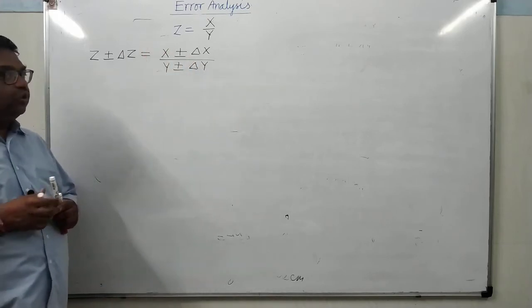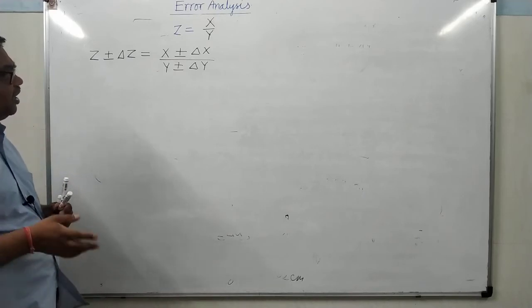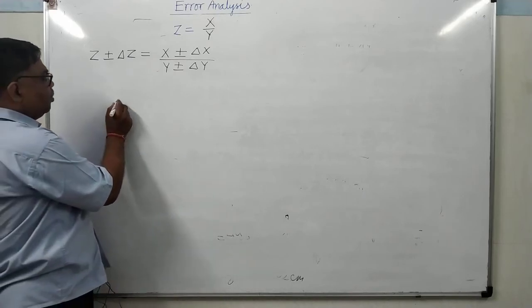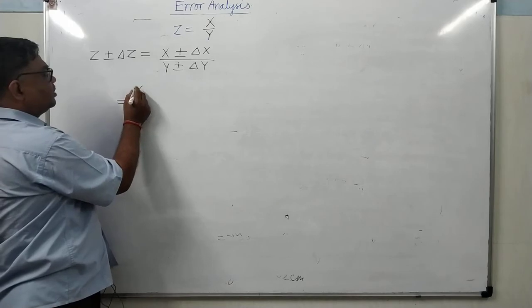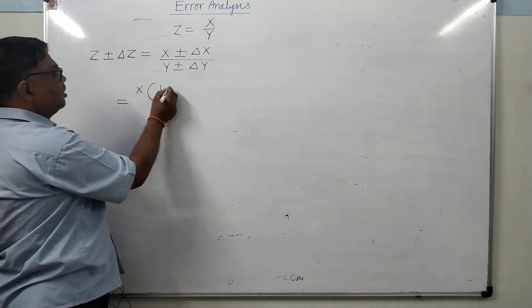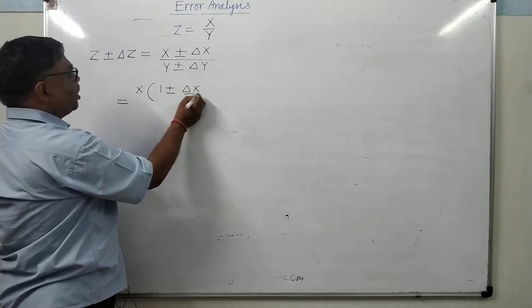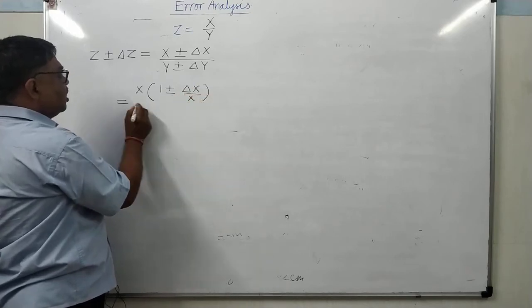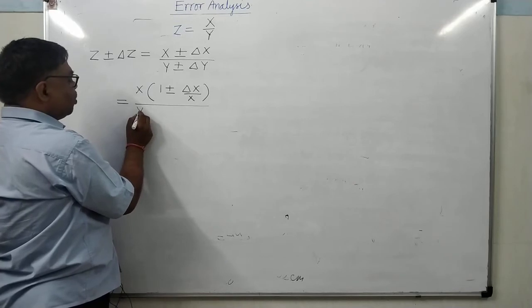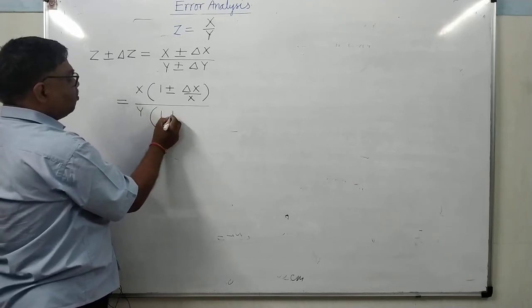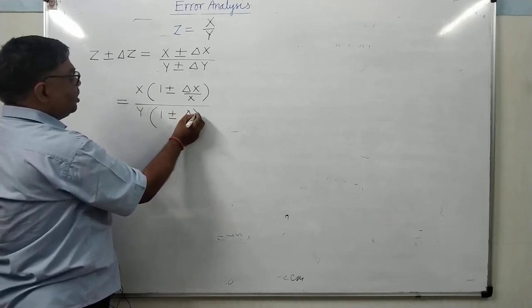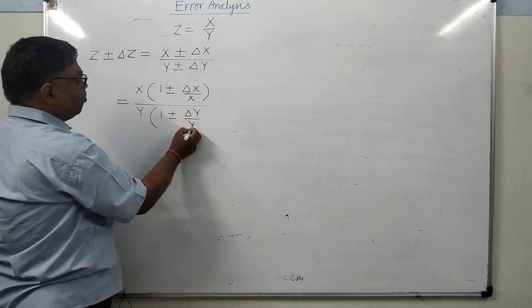It's clear? No need to explain the meaning of delta x and delta y. Here you take out common x. It will be 1 plus minus delta x upon x. And in the denominator you take out common y, so it will be 1 plus minus delta y upon y.